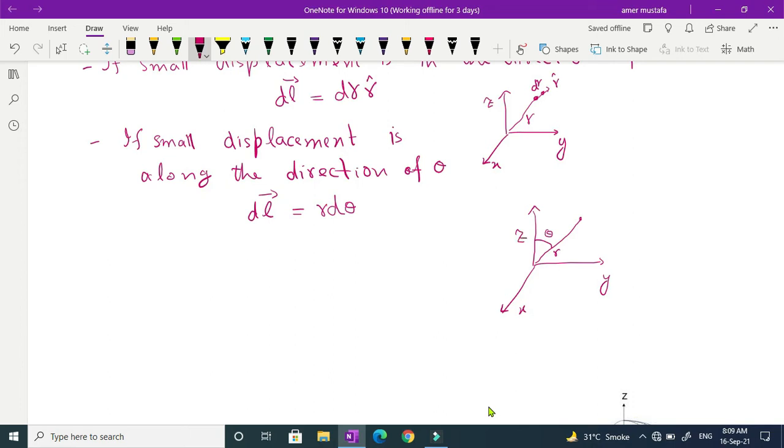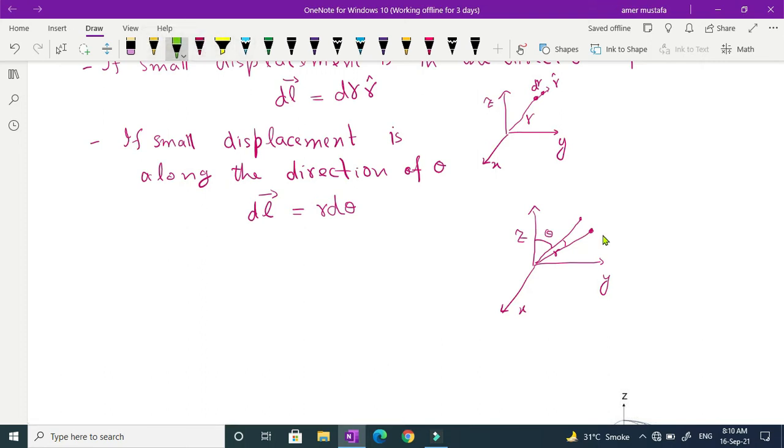If you cover infinitesimal displacement along the increasing direction of theta, the radial line moves in a vertical plane. Suppose this radial line moves by an angle d theta.